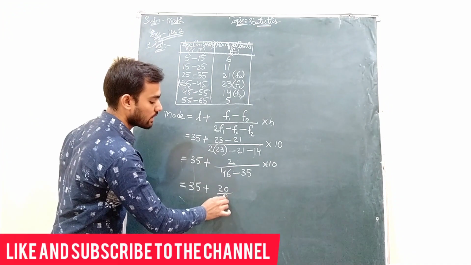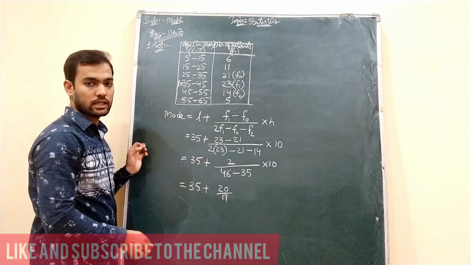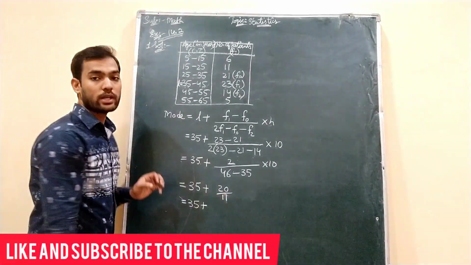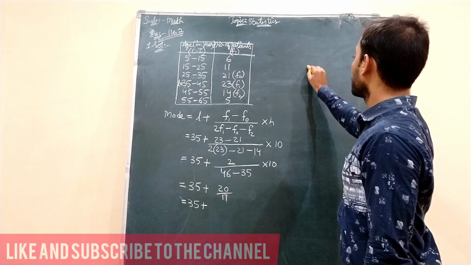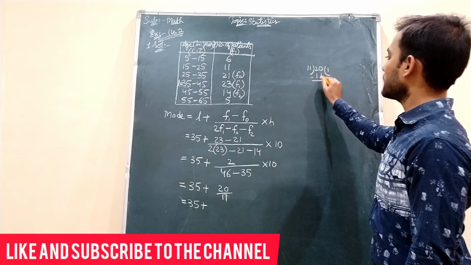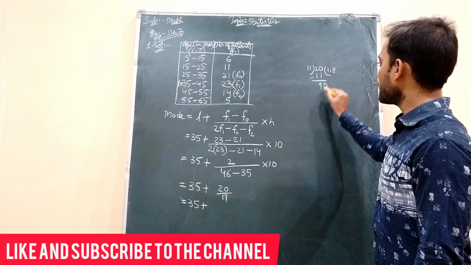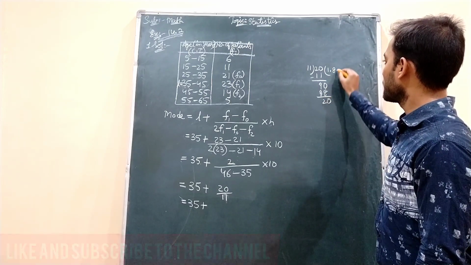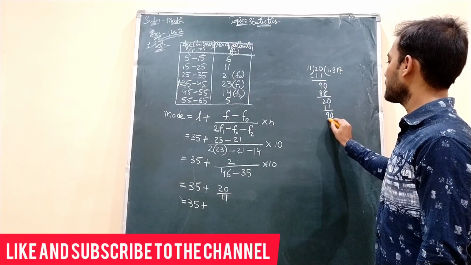When you take out, you will get 11. 46 minus 35 is 11. Again 35 as it is, 20 upon 11, which means you need to divide 20 by 11. That we will do in our rough column. So 11 ones are 11, then 20 minus 11 gives you 9, then decimal point, 0, 11 eights are 88, 2 remains, already point is there, 0, 11 ones are 11, 9 remains, already point is there, 0, 11 eights are 88.